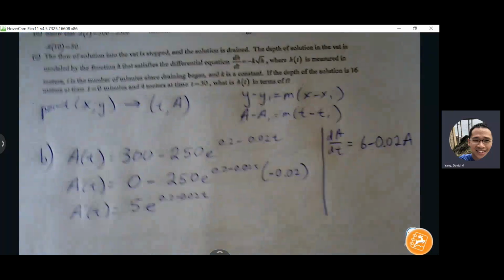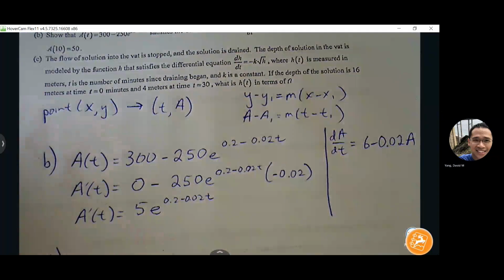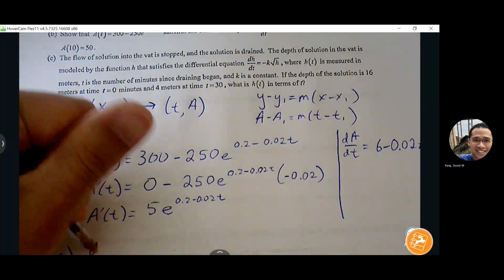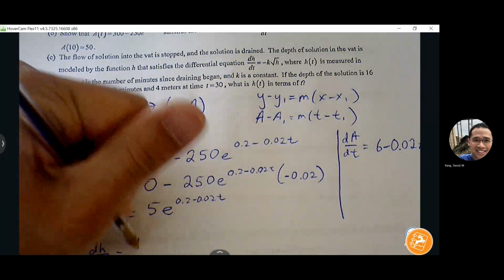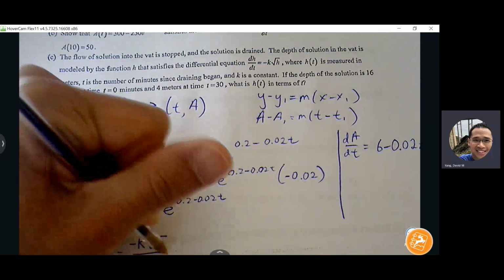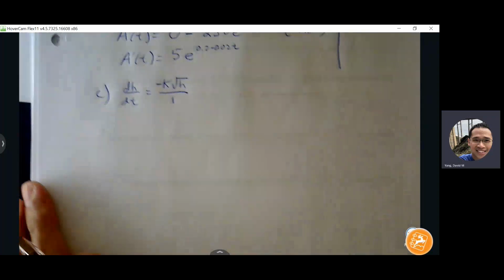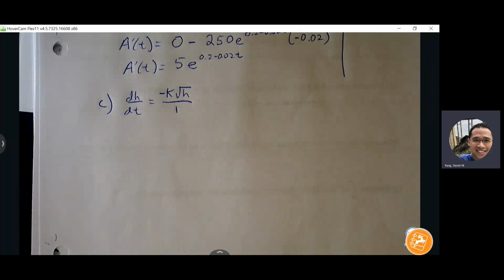Okay, so part C. Again, the first thing I like to do is cross multiply, just so I can get everything up to the same level, and then I can decide what needs to be moved to get full separation.